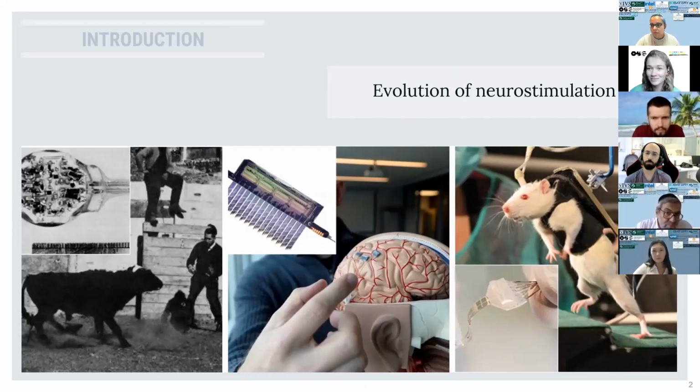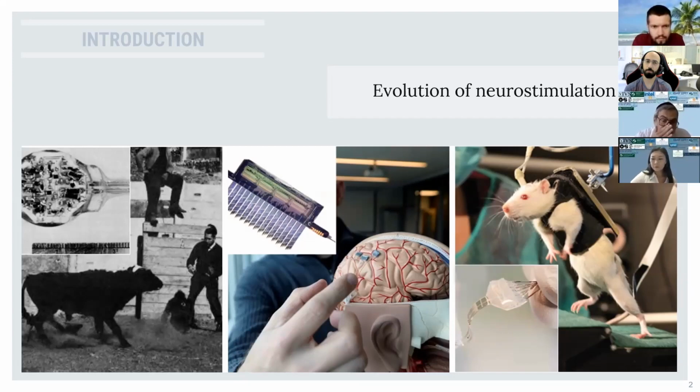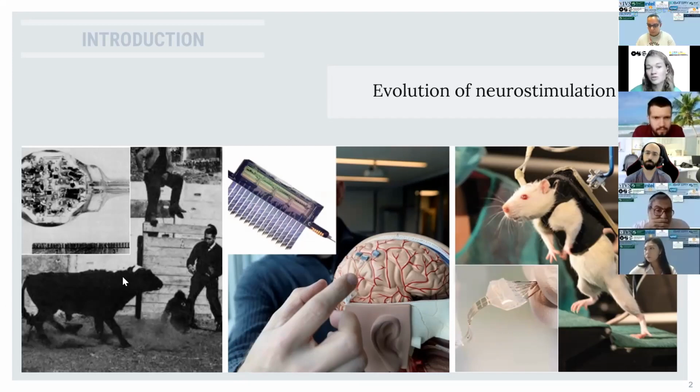The bull ran towards him, and right when the bull was close to Delgado, he pressed the stimulating button. Gladly, it worked and the bull stopped. So experiments back then were pretty exciting, maybe crude, but that's what it was in the past. And the electrodes were big and hard and not as sophisticated.